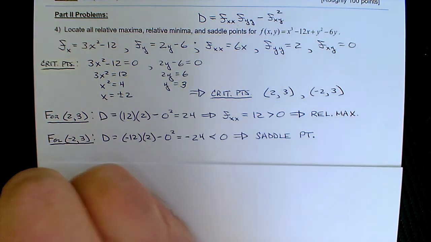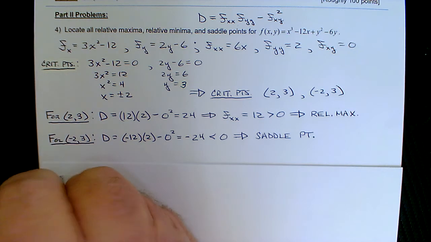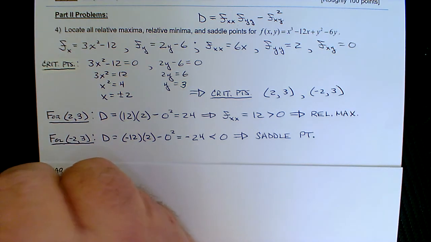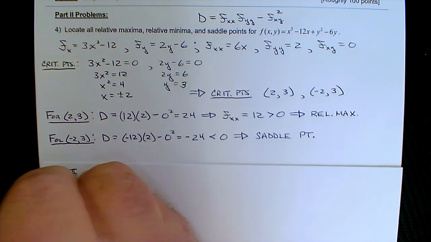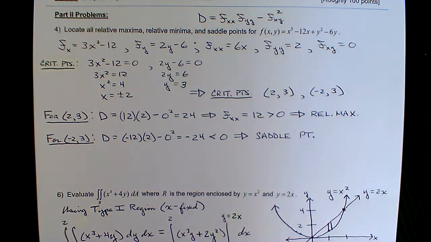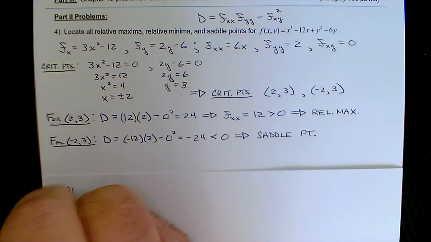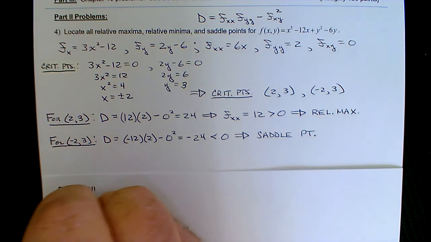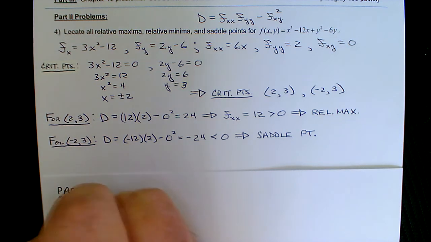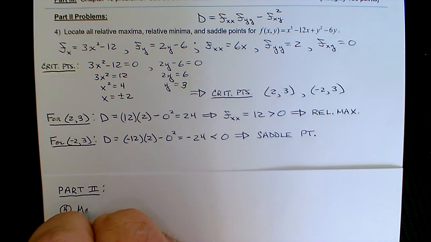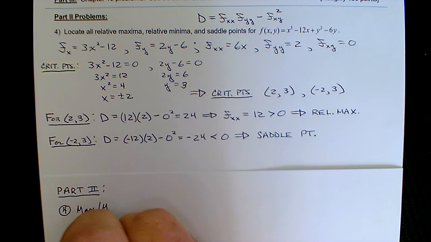Like for the first exam, for the first question here, which is question 4 from part 2, let me start this over. It's from part 2. Question number 4 is max and saddle points.